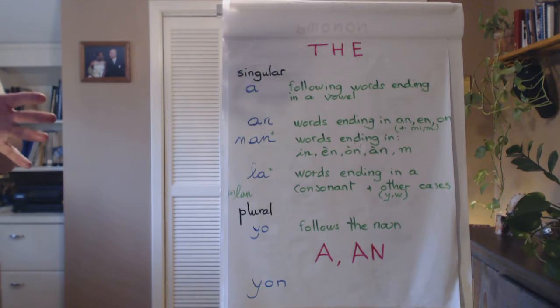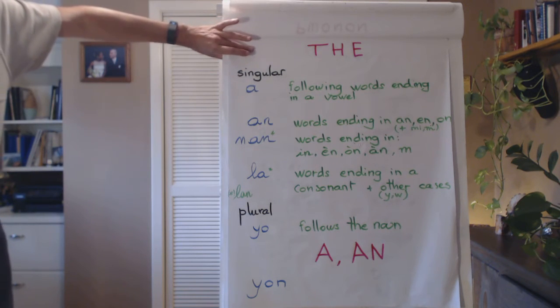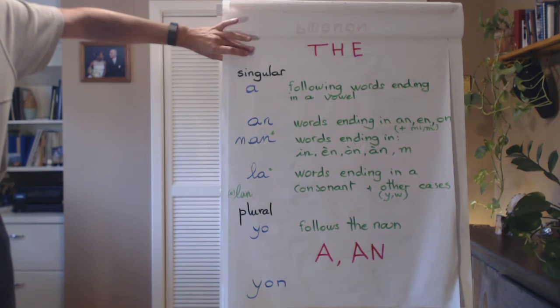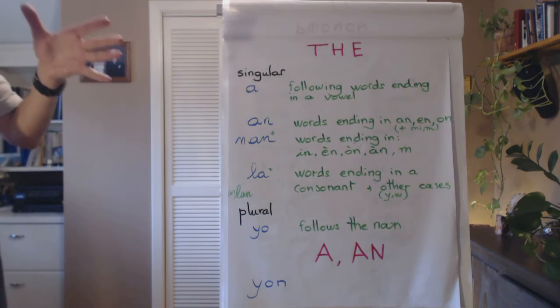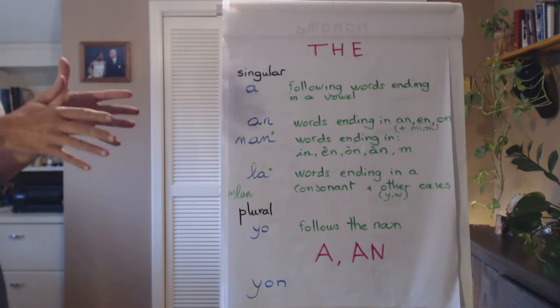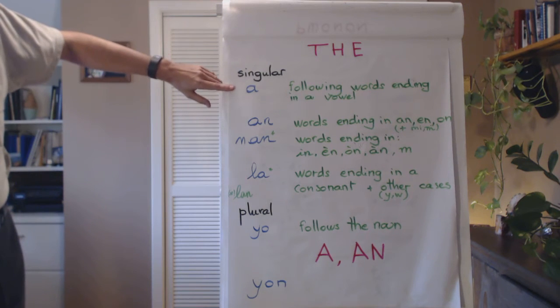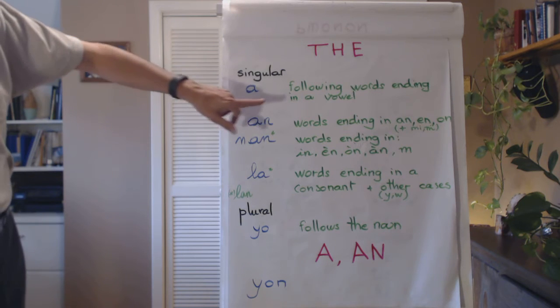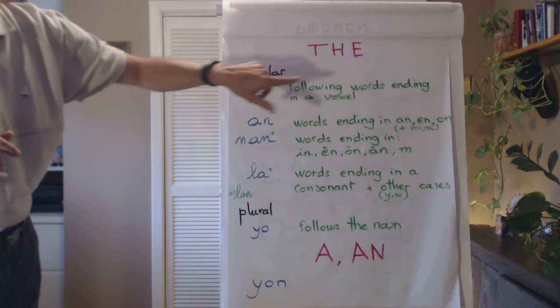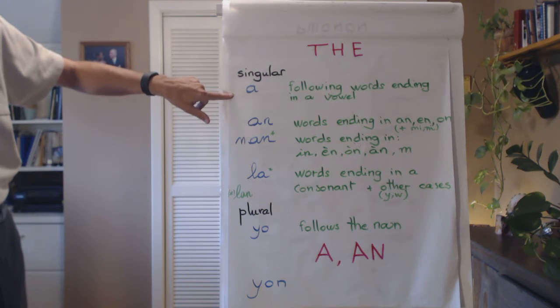Yon machine, a car. Now, when it's definite, this is the tricky part of it. It's not placed before the noun, but after the noun. And on top of that, it will change depending on the ending of the noun.